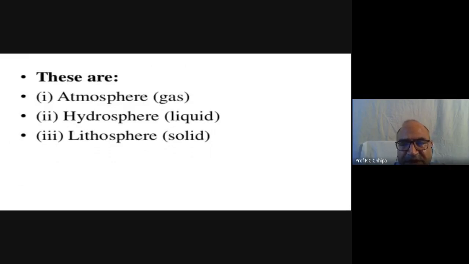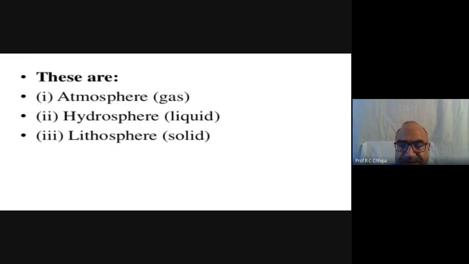But overall, we can say the atmosphere is a type of gas. Then the hydrosphere is the liquid, because water itself is in liquid form. So liquid and gas, and then the solid part is the part of the earth.